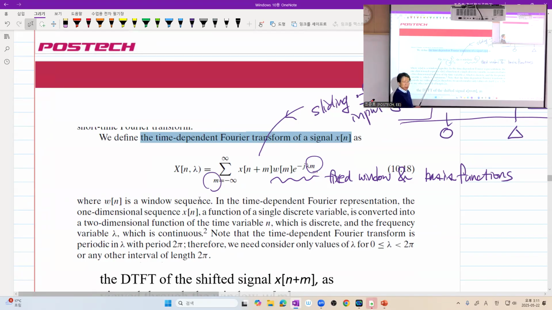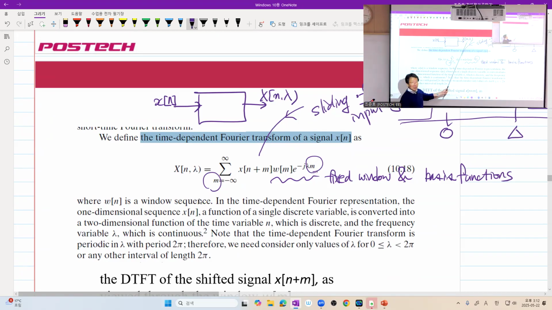Again, time and frequency. Frequency is here, lambda. And what is the input? Input is the x sequence. And what is the output? Something very strange. Compared to DTFT, we have one more parameter.